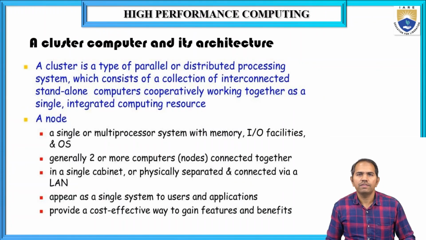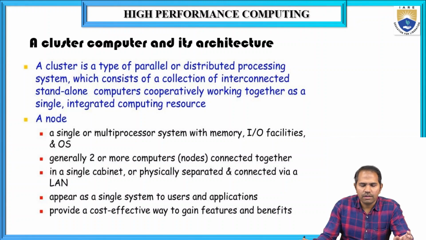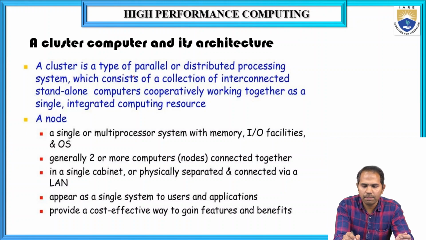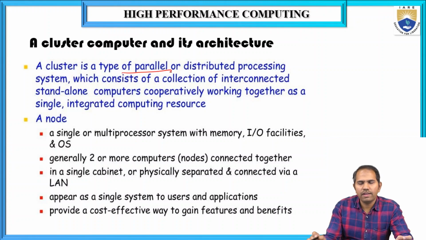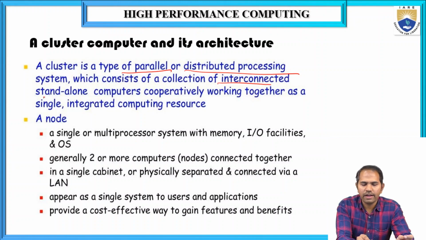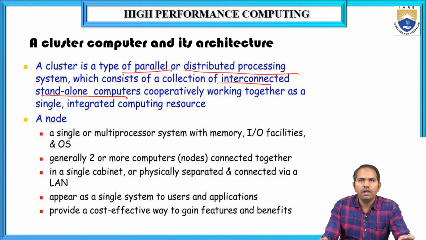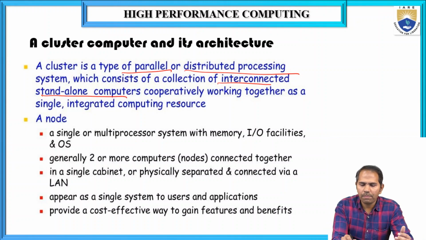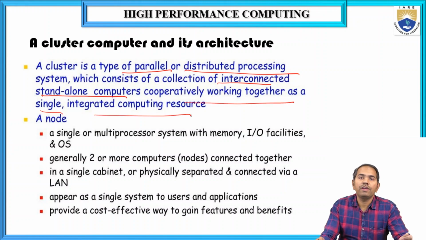First is the definition. What is a cluster? A cluster is a type of parallel as well as distributed processing system, which consists of a collection of interconnected standalone computers, and these are all cooperatively working together as a single, integrated computing resource.